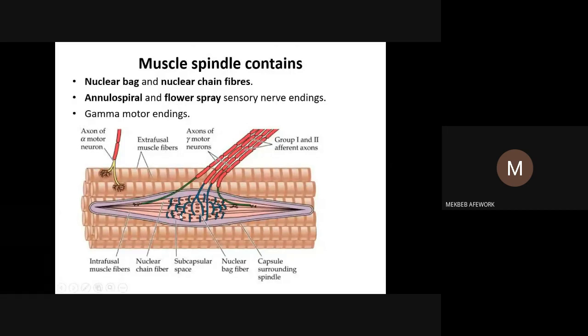So they are not disposed peripherally like the extrafusal ordinary skeletal muscle. They instead are modified as nuclear bag and nuclear chain fibers. The nerves are also modified as annulospiral, spirally surrounding the region of the nuclei, as well as terminating like a flower spray. We name them annulospiral and flower spray endings.